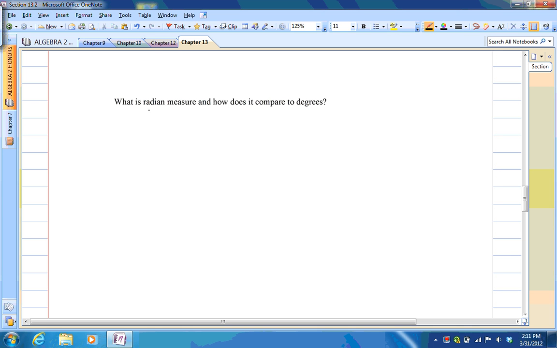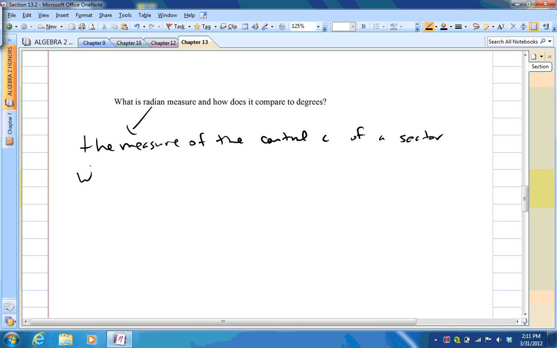So, radian measure is basically the measure of the central angle of a sector when the arc length equals the radius. So that's basically the definition of a radian.